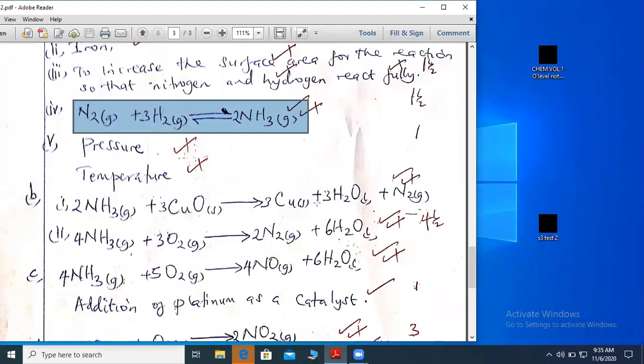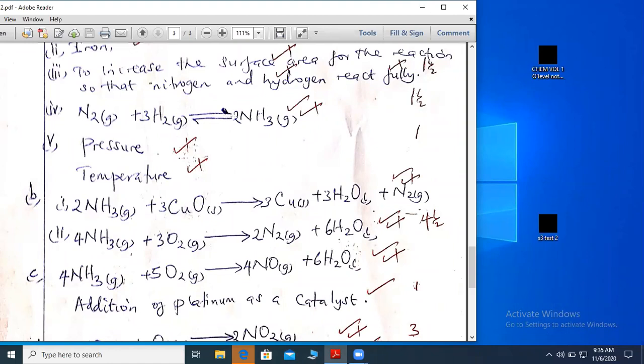If the question had said the conditions for maximum yield of ammonia, you remember this reaction is reversible. A reversible reaction is one where both the forward reaction and backward reaction are taking place. The forward reaction is the formation of ammonia, and the backward reaction is the formation of nitrogen and hydrogen.